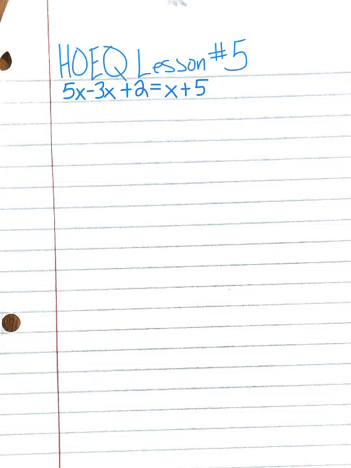So I have 5x. So I'm going to start with my 5 triangles and represent that. But now it says I'm going to take away 3 x's. So since our x's are represented by triangles, I'm just going to go ahead and take away 3 triangles, and then I'm just going to continue on with the rest. So I have a plus 2.